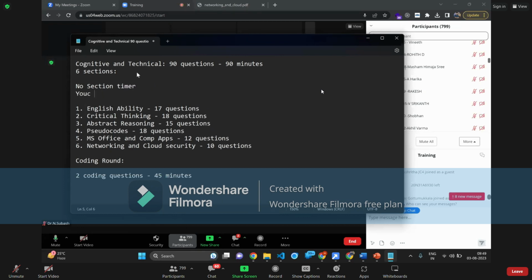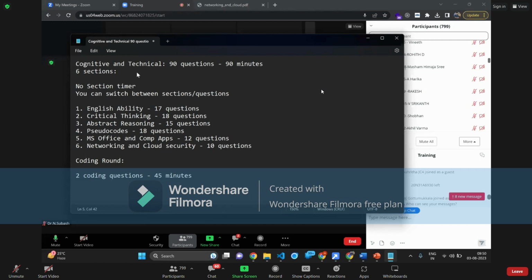You can switch between sections and questions. What this means is, say for example, you are on your first question, then you can also immediately jump onto your 90th question. So there's no particular order in which you are required to attempt this particular exam.